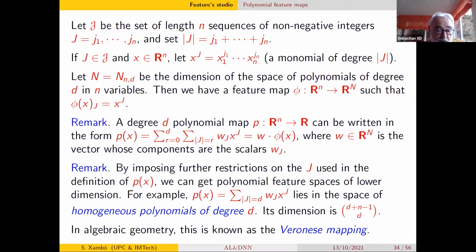By the way, if there are algebraic geometers among the audience, this feature map given by the polynomials is called the Veronese mapping. It's a very old geometric mapping studied ever since the 19th century.